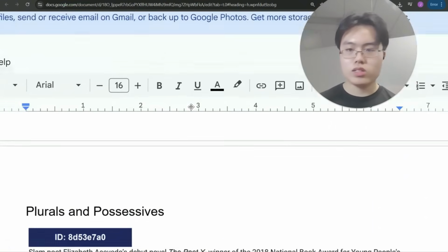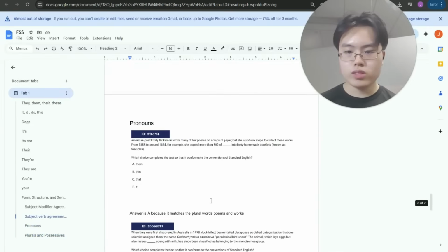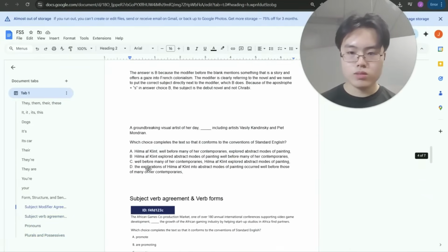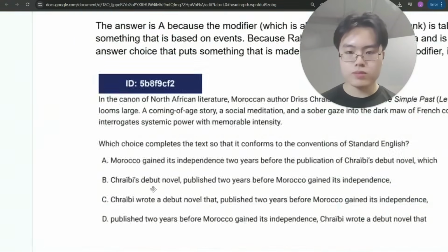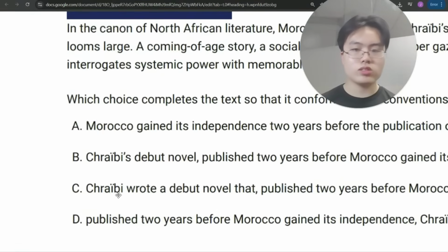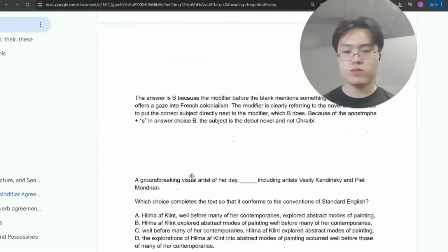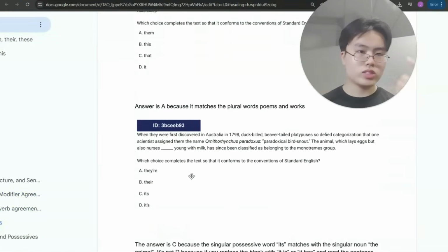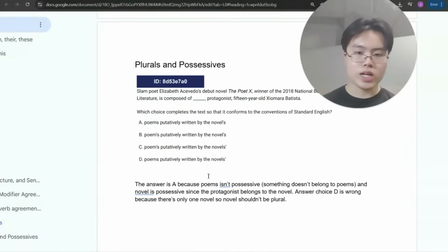Just like in the debut novel example, the debut was an adjective. So it's not that the debut belongs to the author. It doesn't make any sense. You can't possess the word debut, right? But you can possess a novel, a debut novel. So this is the entire thing. It's the same idea. So there could be an adjective. Okay, I just wanted to make that clear because it's kind of important.